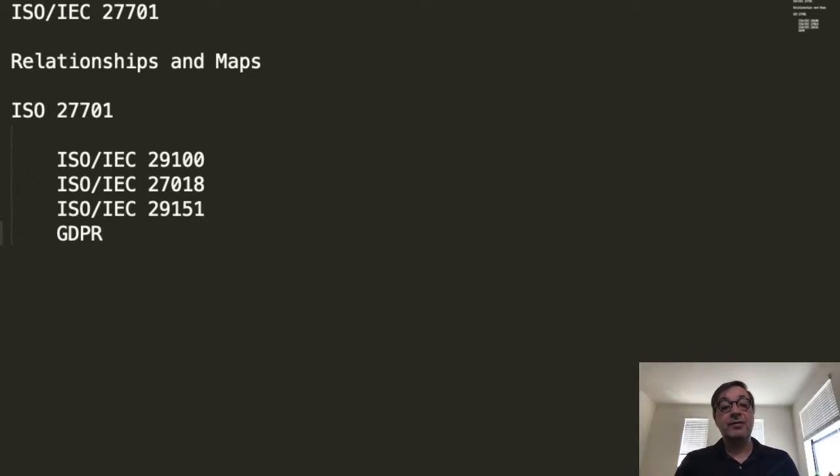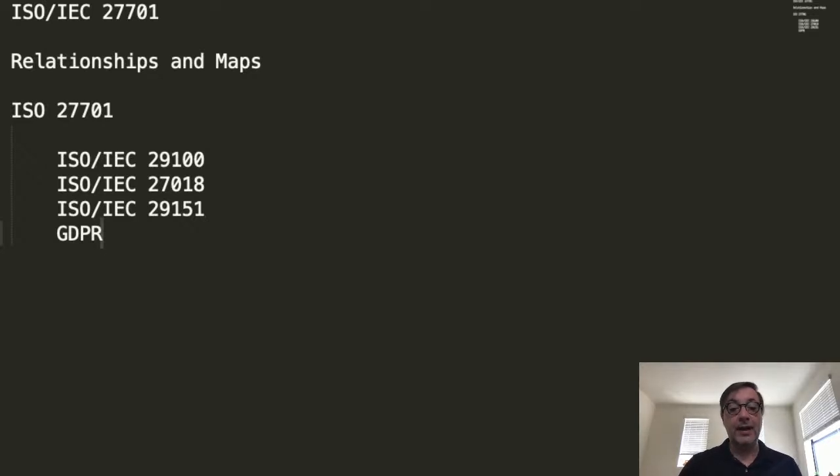The ISO 27701 can be used by PII controllers, including those that are joint PII controllers, and PII processors, including those using subcontracted PII processors, and those processing PII as subcontractors to PII processors.